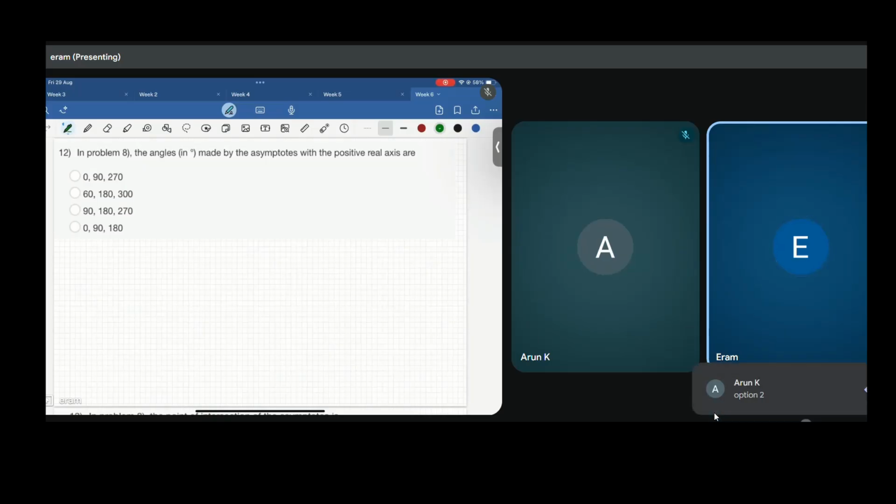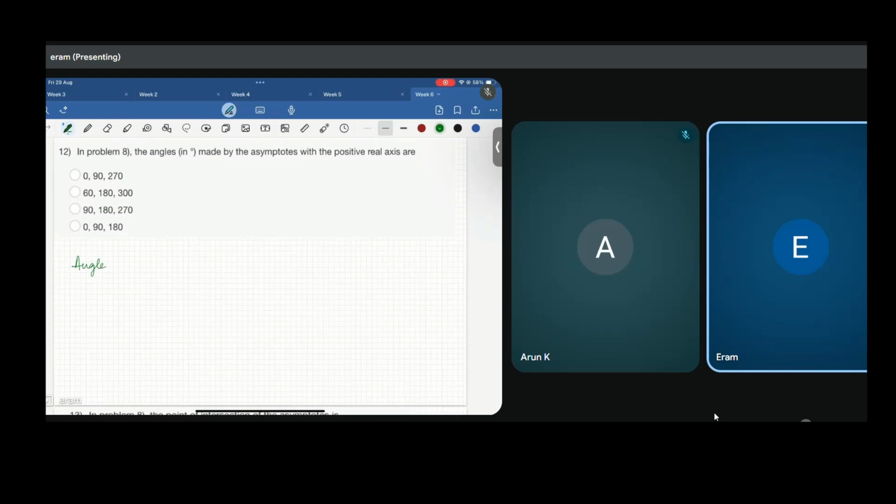Option 2. Okay, let's solve it. So we know that the angle made by asymptotes is equal to 180(2k+1) divided by (n minus m), where n is the number of open loop poles and m is the number of open loop zeros.